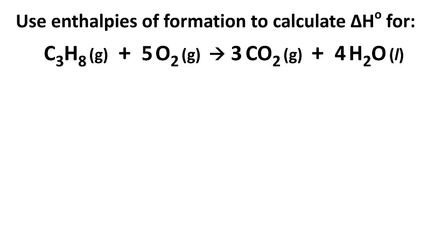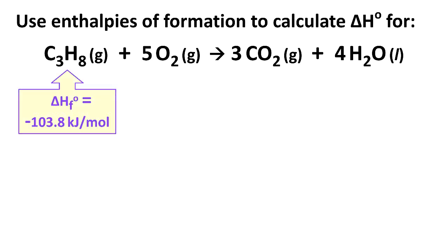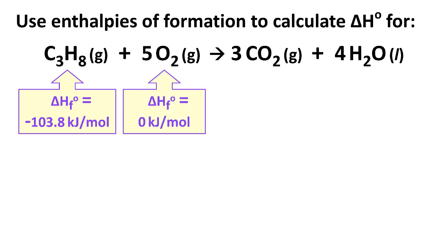Now, this is probably easiest to see by an example, so let's use enthalpies of formation to calculate the delta H for the reaction of C3H8, propane, reacting with oxygen to make CO2 and H2O. In other words, complete combustion of propane. From the table, we can find the delta H of formation of propane, negative 103.8 kilojoules per mole.